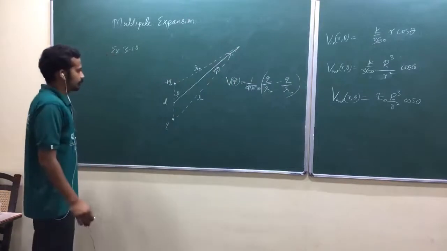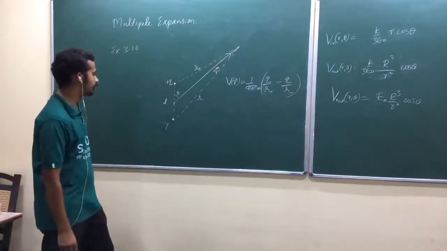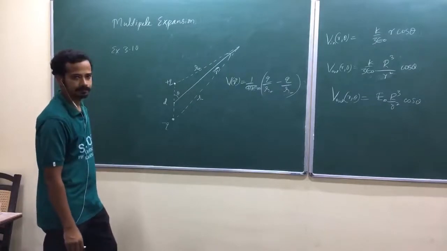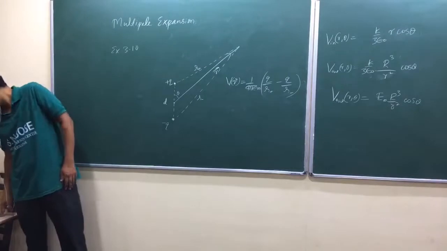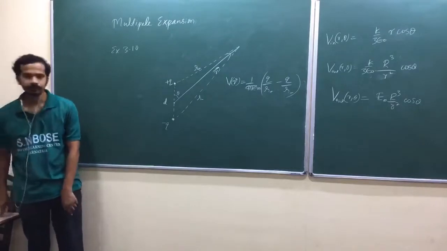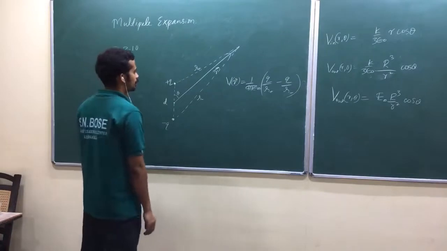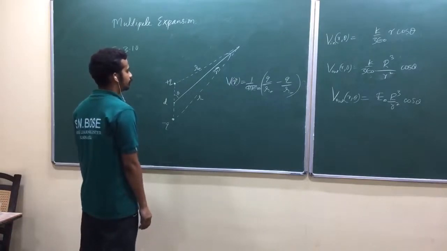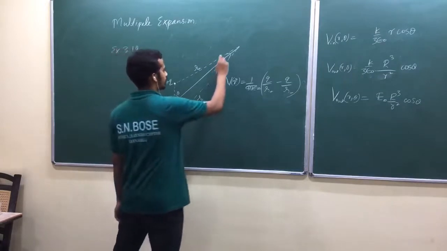Okay, so now ultimately you have to write that r plus and r minus in terms of d and theta. How do you write it? So your italic r vector is actually from source to field, am I right?